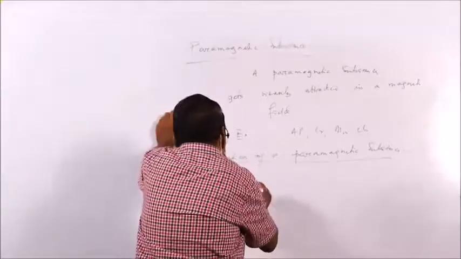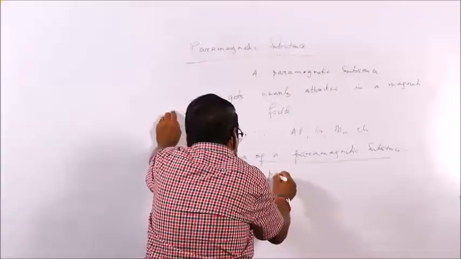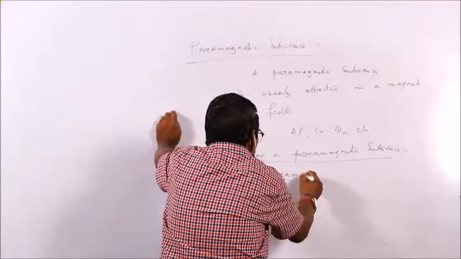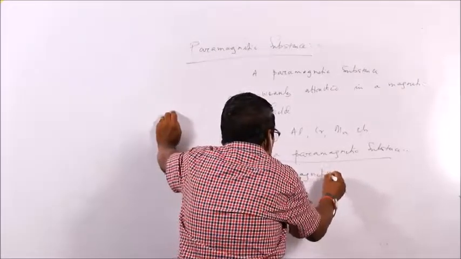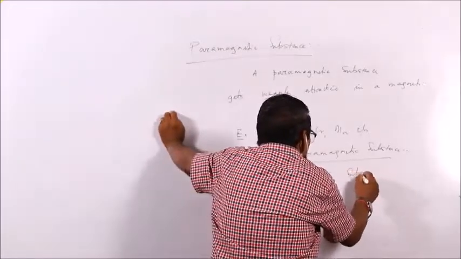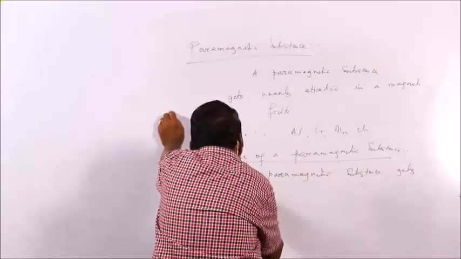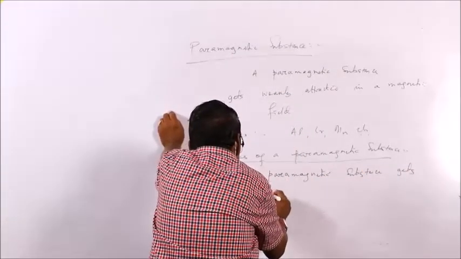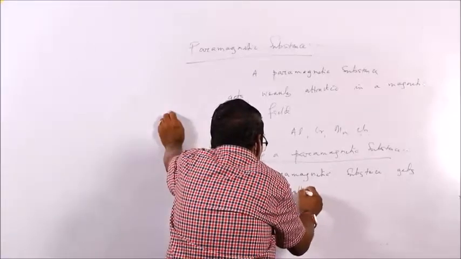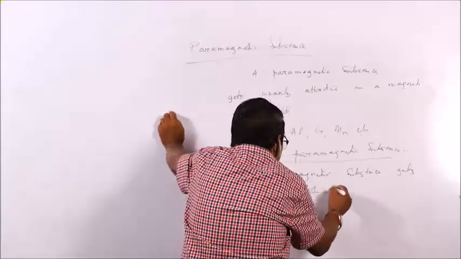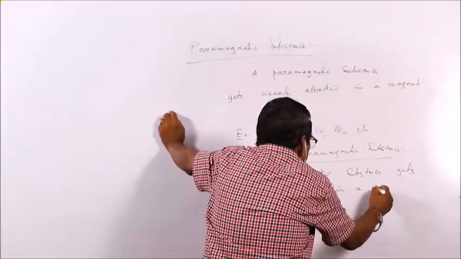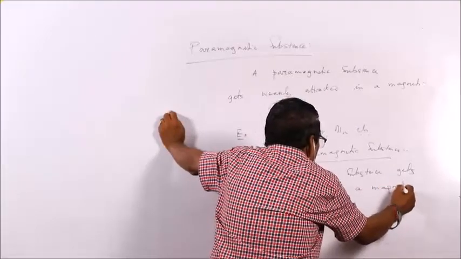A paramagnetic substance gets weakly attracted in a magnetic field. This is the first property.